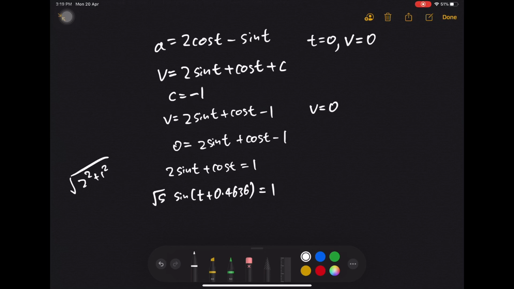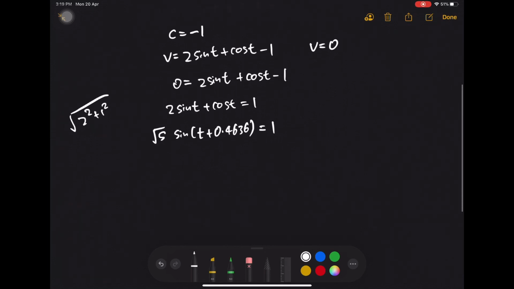So once you get this, find t. Use the quadrant method, find the basic angle. Sorry, this is not time yet. Okay, you're going to get t plus 0.4636 equal to 0.4636 and 2.677.